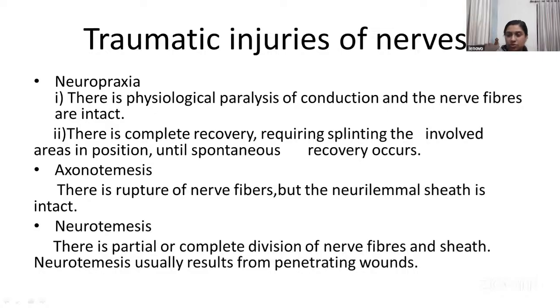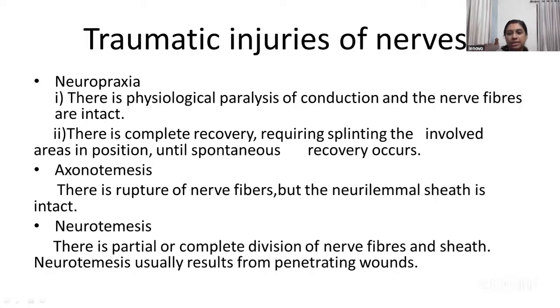Neuropraxia is the mildest form of injury, in which the nerve fibers as such are intact. There is no physical disruption of the fibers. There is only a physiological paralysis of conduction, which is completely reversible; complete recovery is possible. Some amount of splinting of the involved area in position is required for treatment of neuropraxic injuries, and spontaneous recovery will almost always happen.